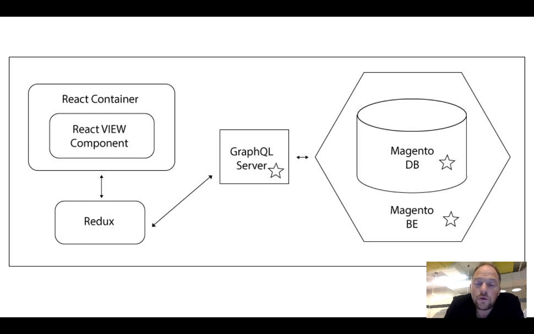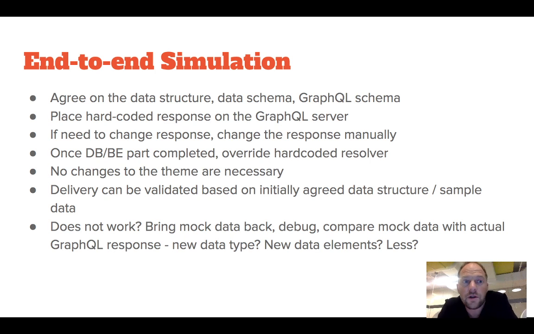Maybe we do not even have this table yet in Magento, or additional columns, or we have the table and columns, but the data is not yet imported from some external ERP system. Or maybe the admin has to make some actions with this data before it becomes available. But we have a data profile which we agreed will be used to render, to demonstrate, to expose this feature on the front end.